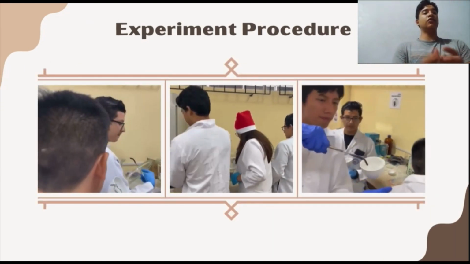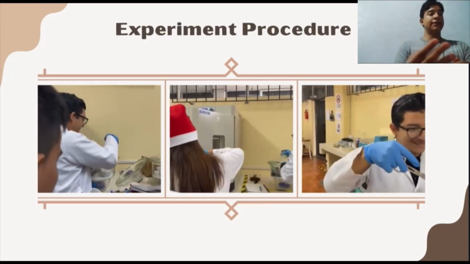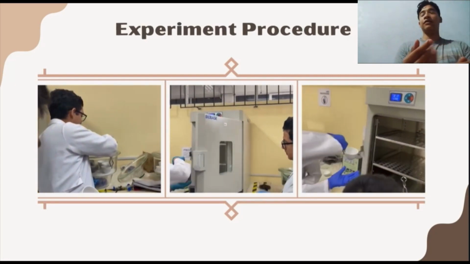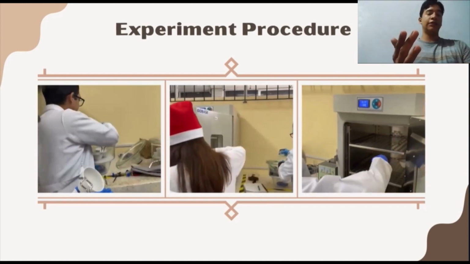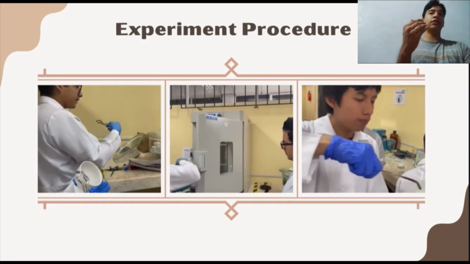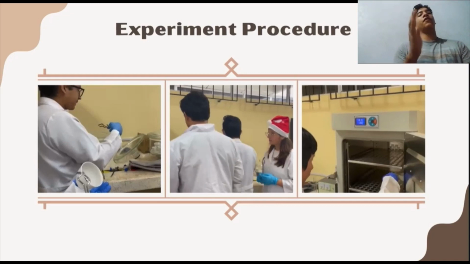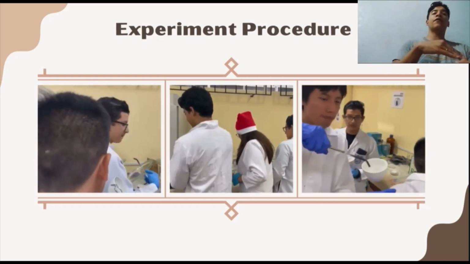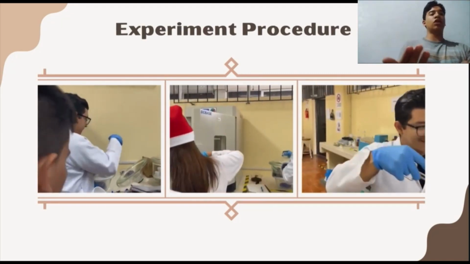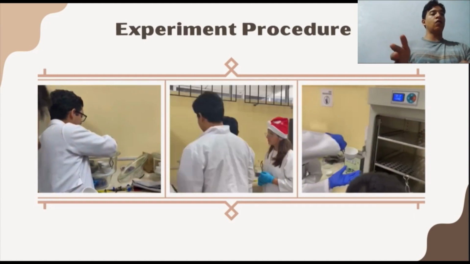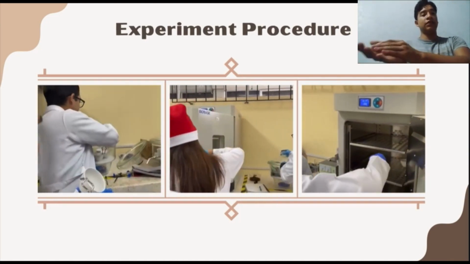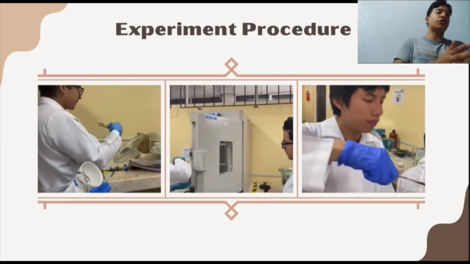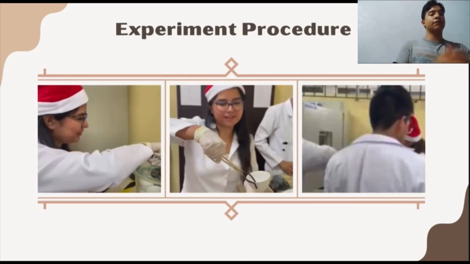The crucible with the sample was placed in the oven at a temperature of 120 degrees Celsius for 5 minutes. After 5 minutes, the crucible with the samples was removed and placed in the desiccator for 10 minutes.